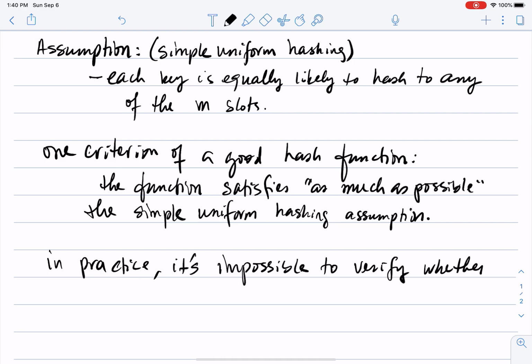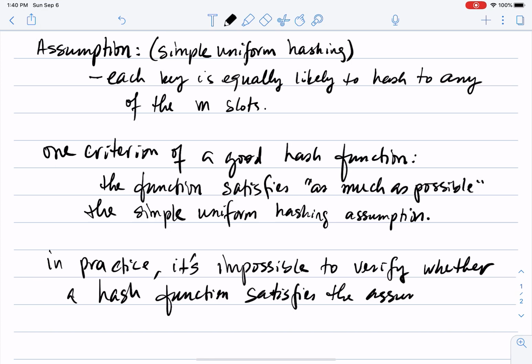And the reason for this is because we usually don't have knowledge about the probability distribution from which the keys are drawn. So I don't know much about where these values are coming from.